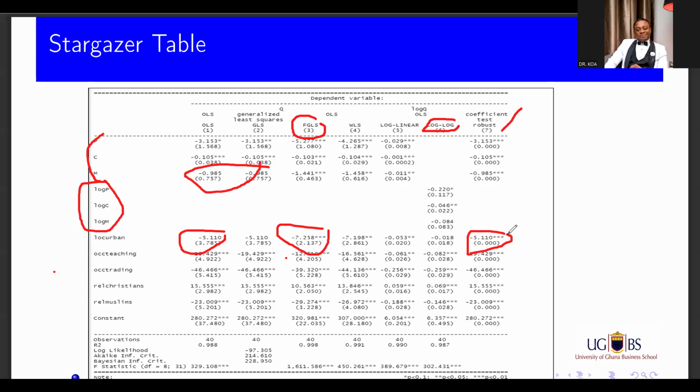Now, there's something I've just observed. Between the last column, which is the Newey-West standard error, also called robust, and the feasible GLS, which one would you have selected? I want to see the smartest among you. Of course, one of them would be the best model. But which one?